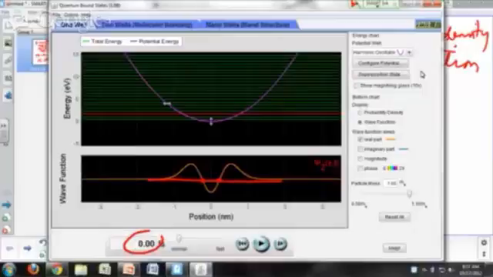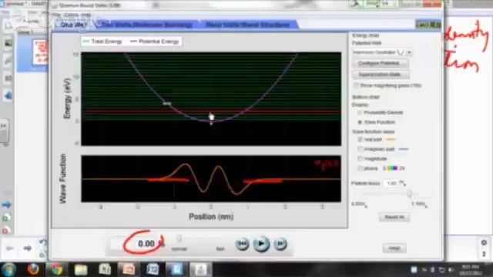What if v equals 3? This time, again, you have an odd function, and in addition to the node at the origin, you have another node on the left and another node on the right. So 3 nodes. So these nodes, these oscillations in between, are due to that polynomial term in your wave function.